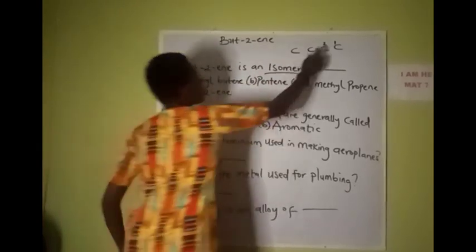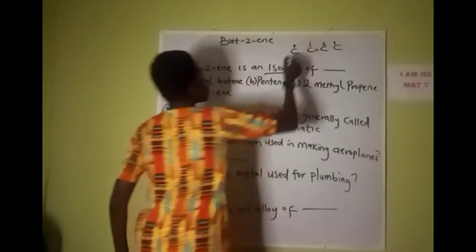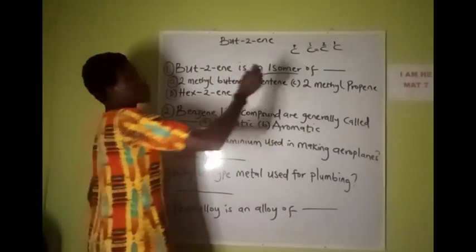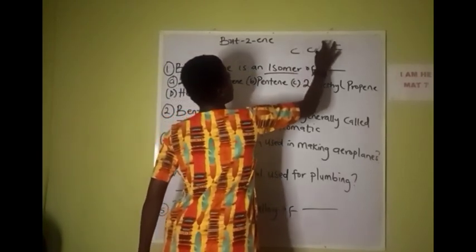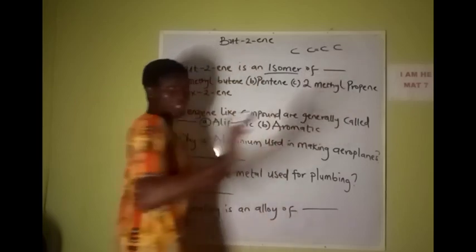So we're having carbon 2, 3 and 4. Let's put up the hydrogen atoms attached to it. Let me do that because of time, I will not explain much here.